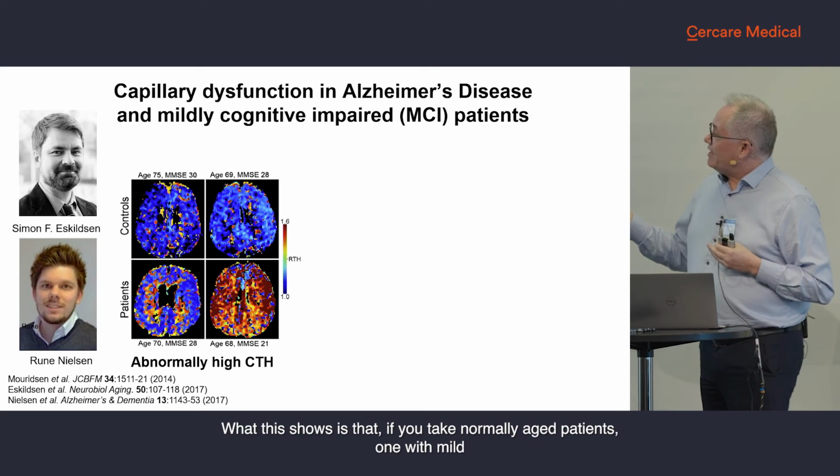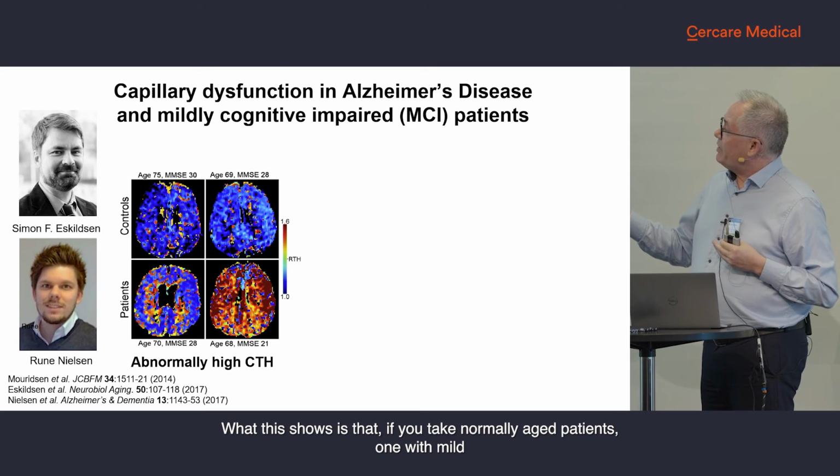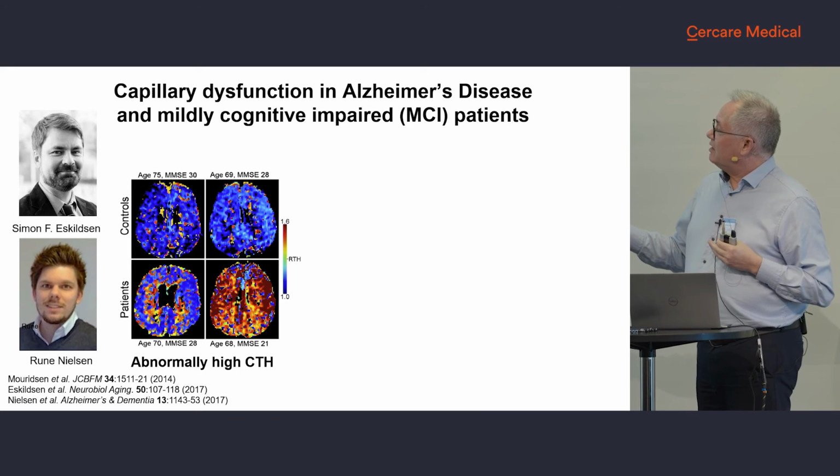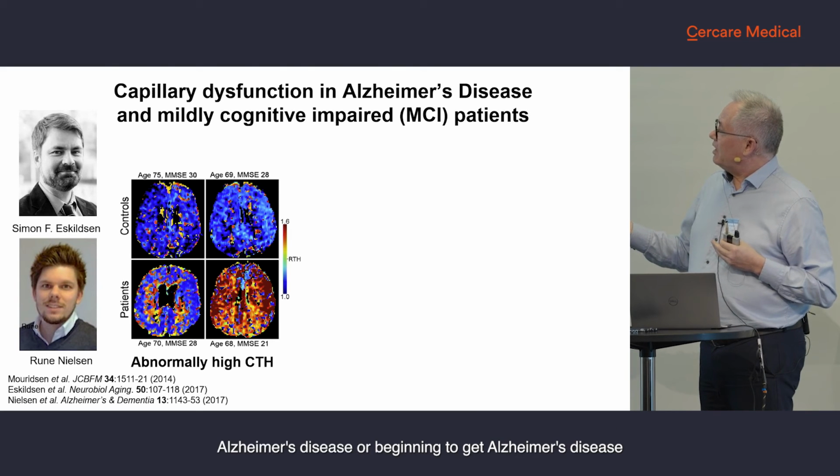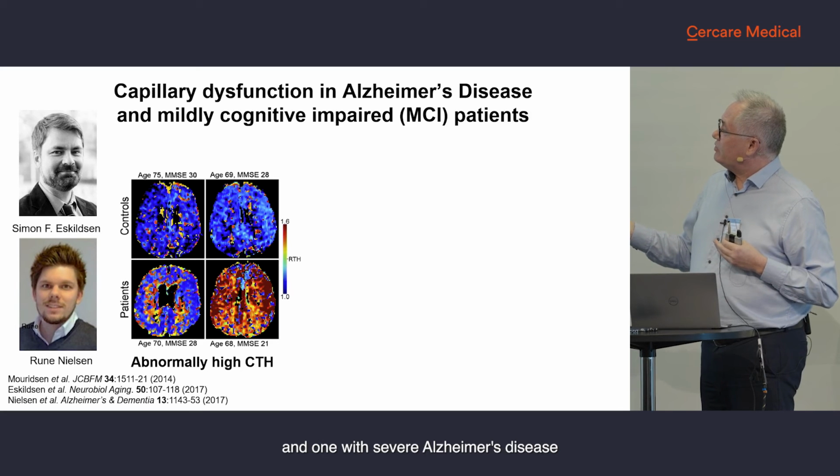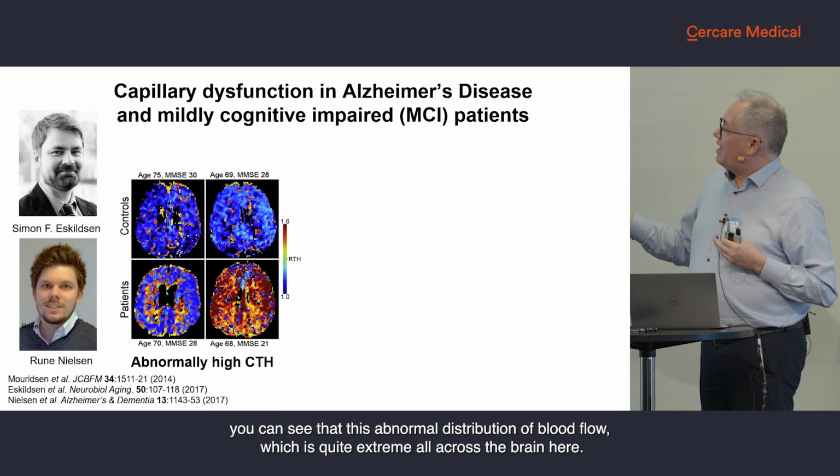What this shows is that if you take normally aged patients, one with mild Alzheimer's disease or beginning to get Alzheimer's disease, and one with severe Alzheimer's disease, you can see this abnormal distribution of blood flow, which is quite extreme all across the brain.